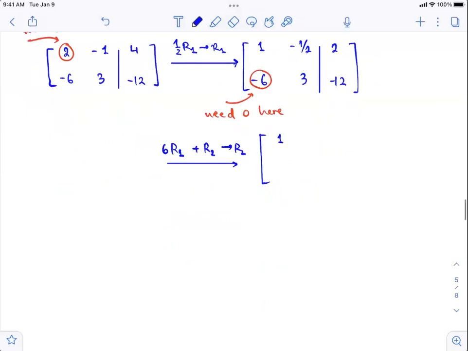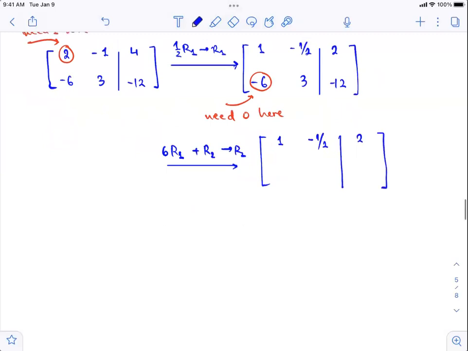So 1, -1/2, and 2. For row 2, you make some changes. 6 times 1 added with -6 becomes 0. 6 times -1/2 is -3, added with 3, gives you 0.